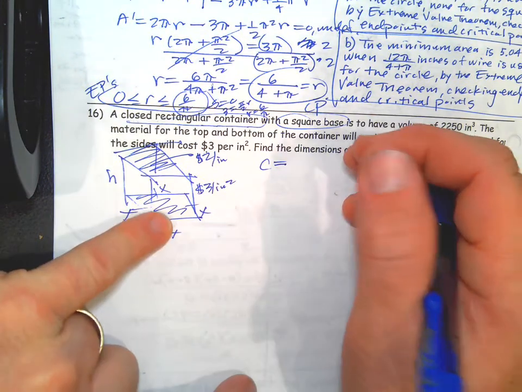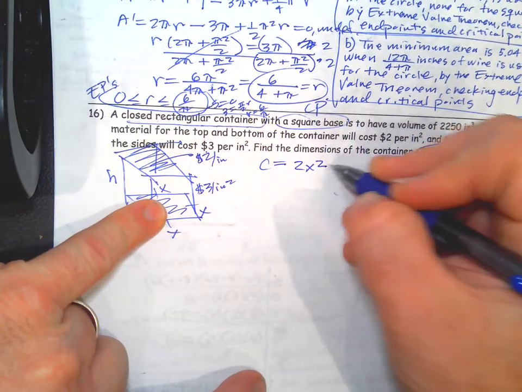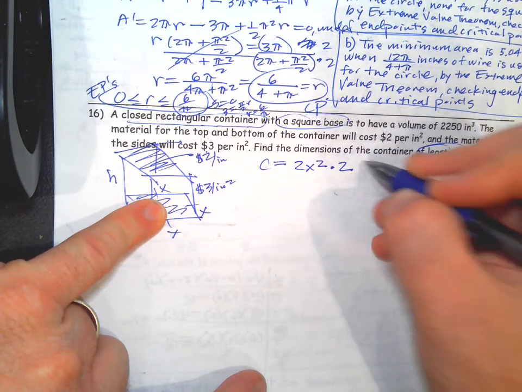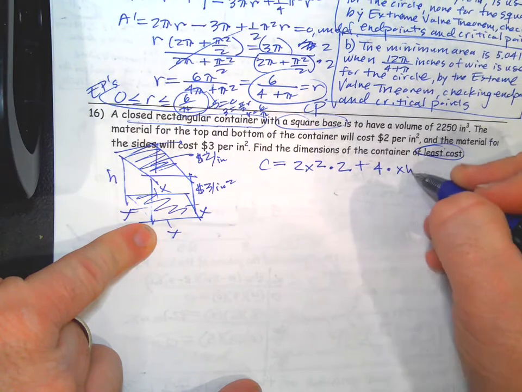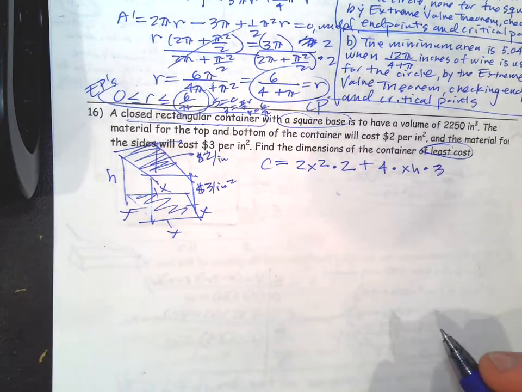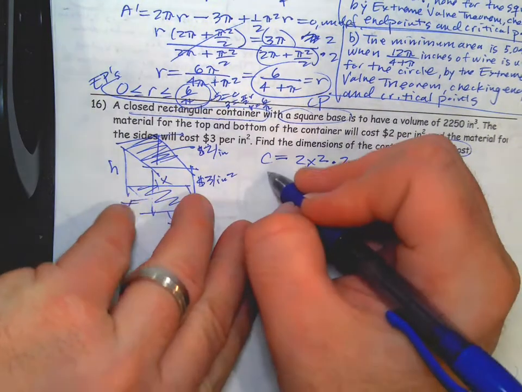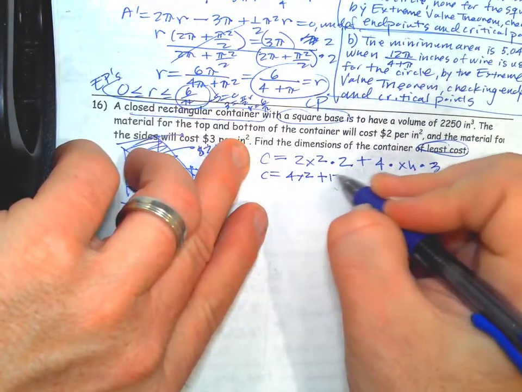Well, the area of the top and bottom, there's two of them, are both x squared times the price of $2 per foot. The sides, there's four of them. They're each xh, and their cost is $3 per square inch. So our cost function is 4x squared plus 12xh.